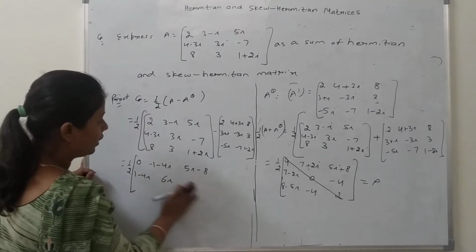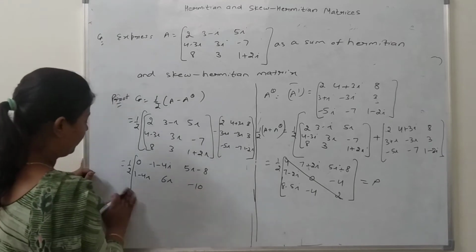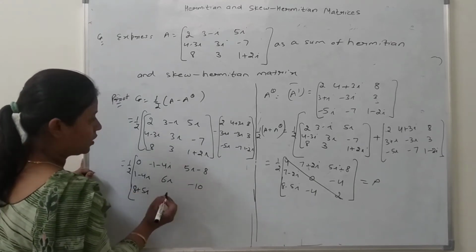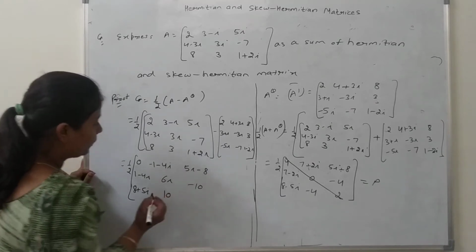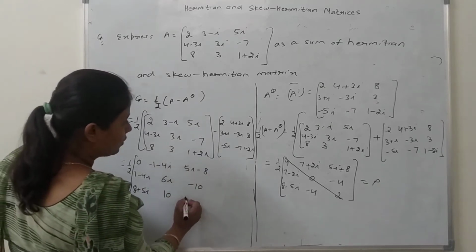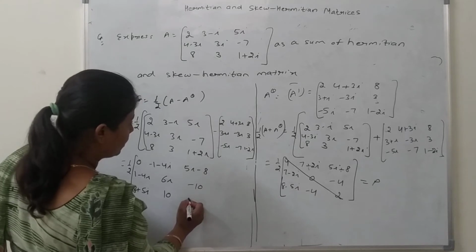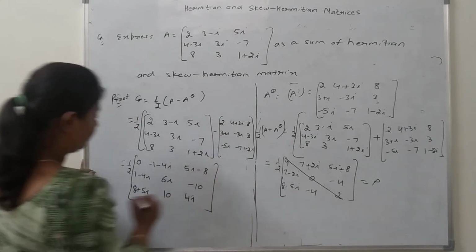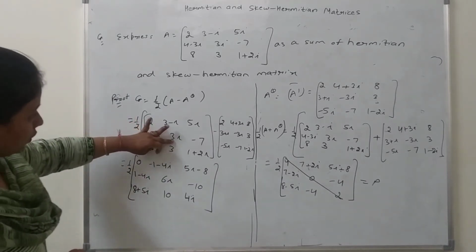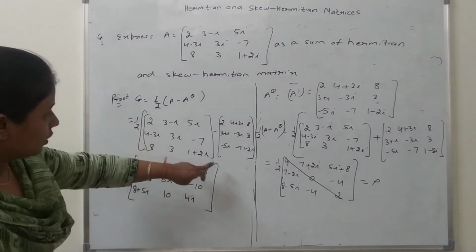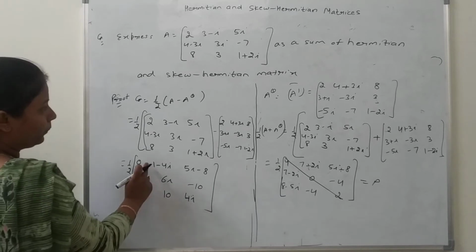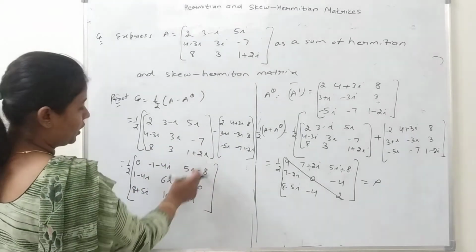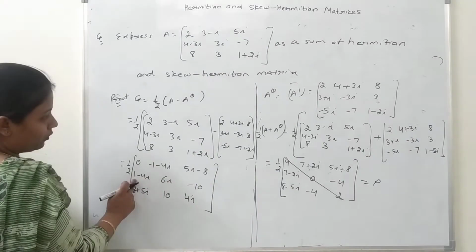Here it is minus 10. It is 8 plus 5 iota, 7, 10, and it is 0, minus 4 iota. This is 0, this is 6 iota, this is 4 iota, minus 1, minus 4 iota, 5 iota, minus 8, 1, minus 4 iota.